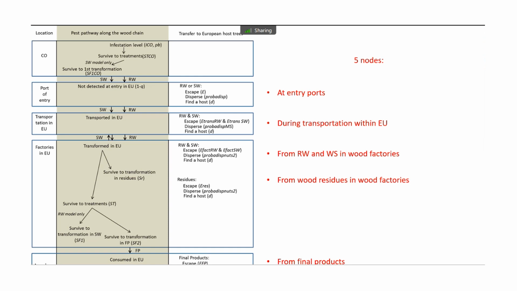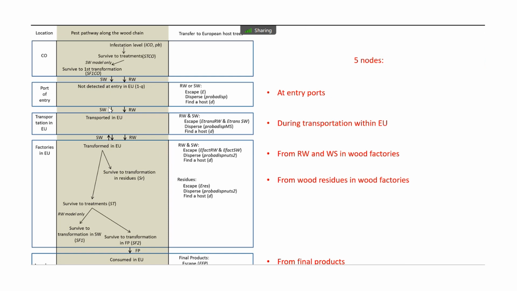So here, that's the same, but on the scheme. We start in the country of origin. We consider the infestation level of the forest there. Then we have a given probability that the pest survives the treatments there. It can be transformed. It can have a given probability to survive the first transformation if we import sawnwood. Then sawnwood or roundwood.